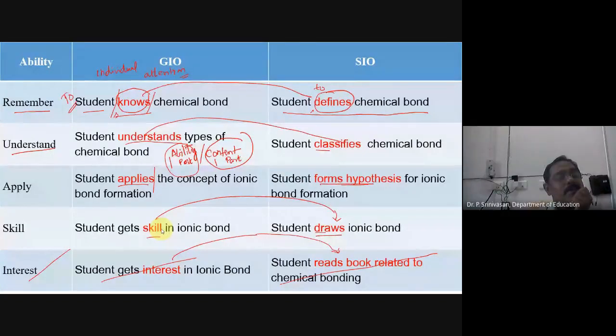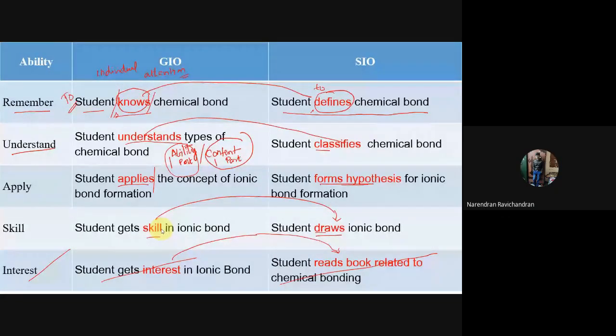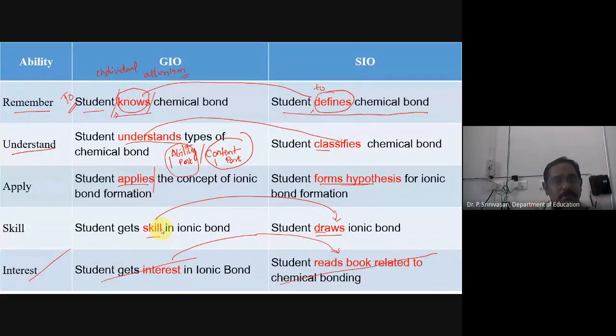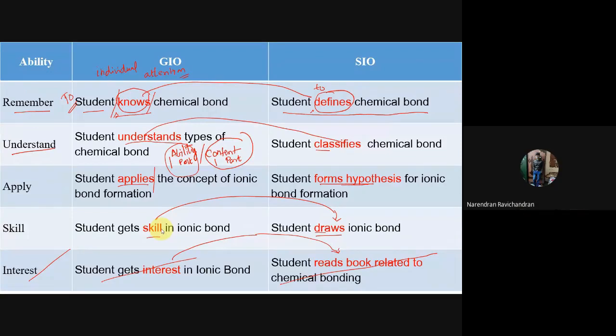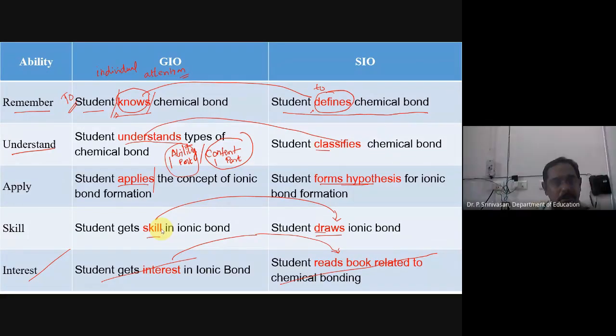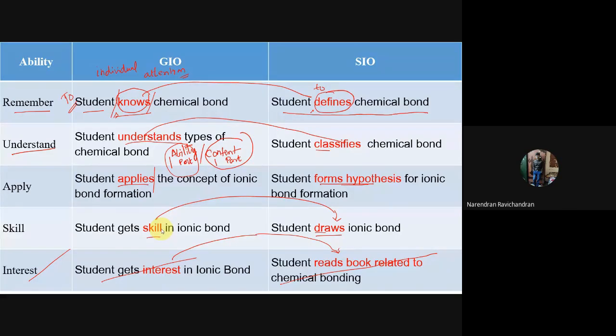And we comprise all the 6 affective subdomains into a single one named interest, sir. Therefore, we get totally 5 subdomains for which we are going to write the lesson plans, sir. So we take 2 types of instructional objectives, general and specific. Good. Proceed.